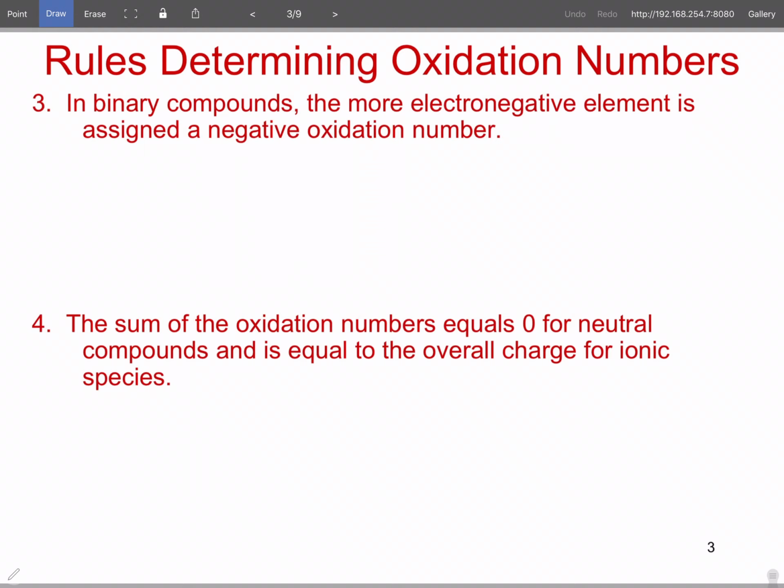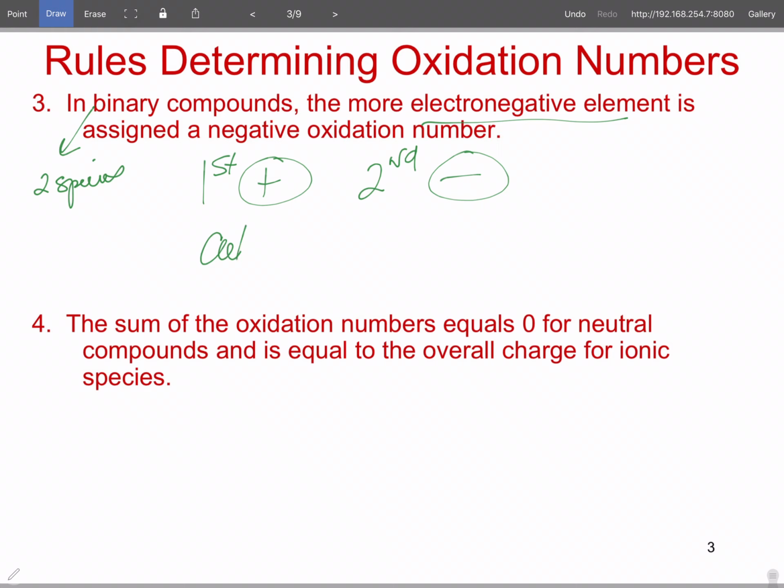In binary compounds, binary means 2 species. Binary means 2, but we're going with 2 species. The more electronegative element is assigned a negative oxidation number. We haven't done electronegativity. So basically, first one listed is positive. Second one listed is negative when you're talking about 2 species.